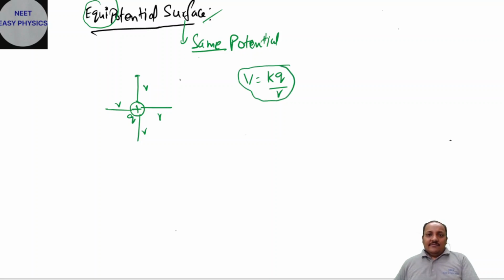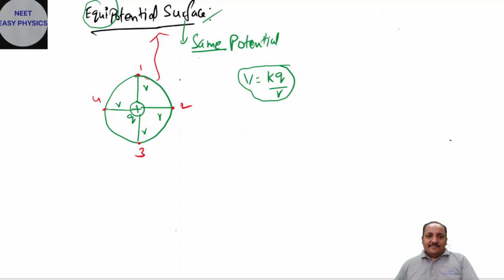So at each and every point, the potential is going to be the same. Now this surface, we are calling it an equipotential surface. At 1, at 2, at 3, at 4, at all these points, potential is going to be the same because of this charge. Therefore, this surface we will call an equipotential surface.